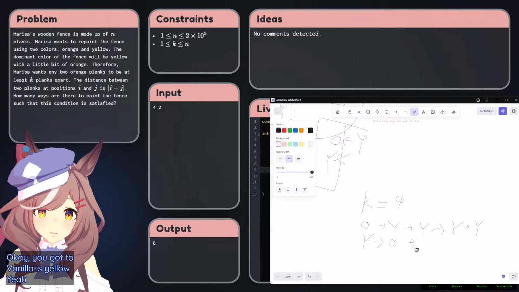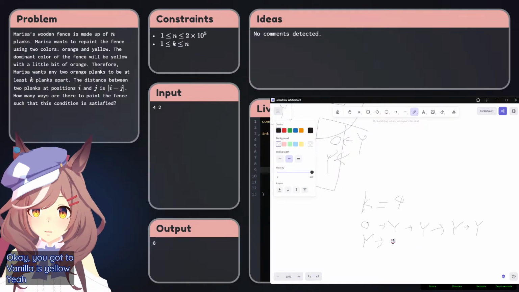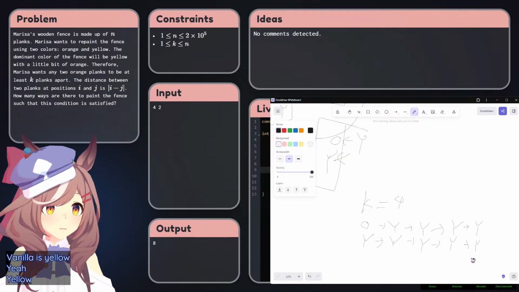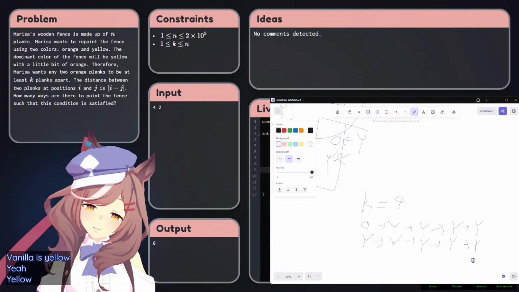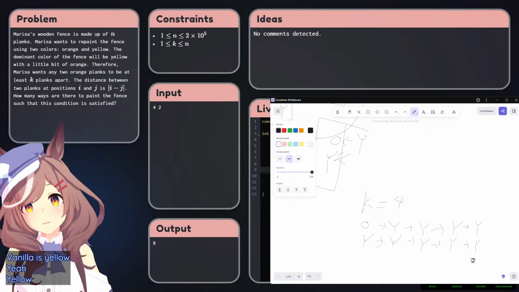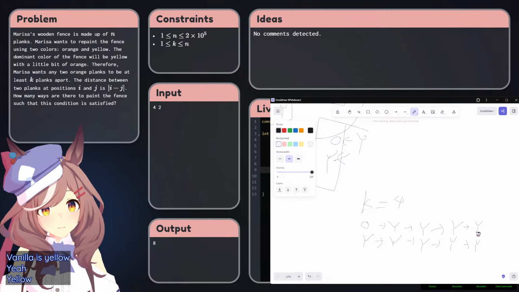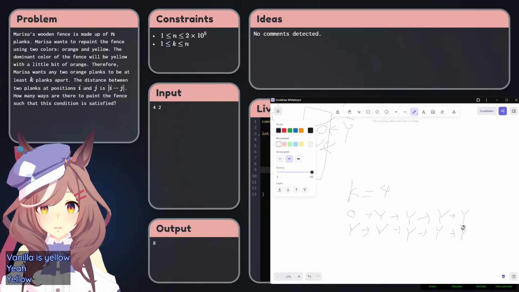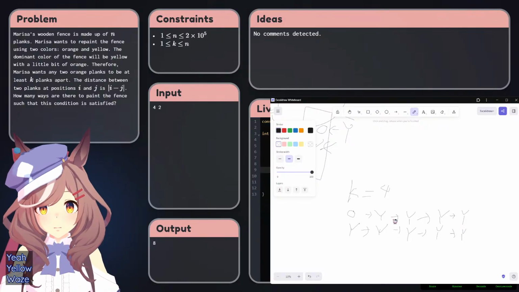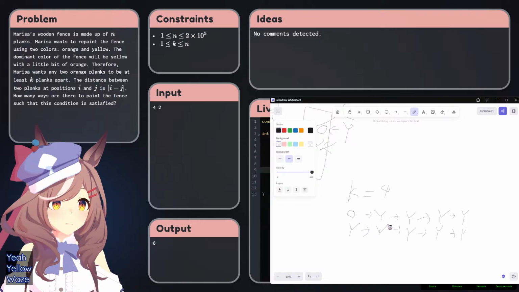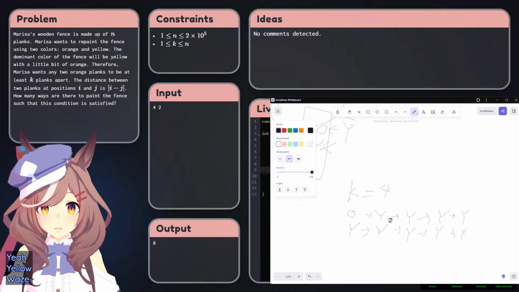This one can be yellow, yellow, yellow, and yellow. So we need to count the ways.